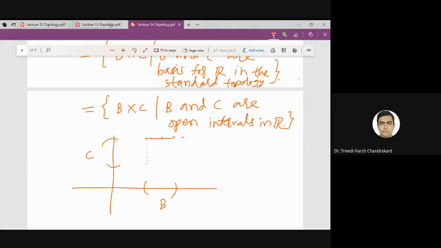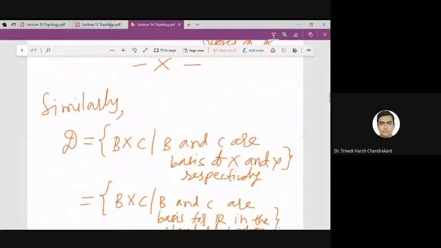Earlier we drew a rectangle kind of thing, and inside the rectangle all these points, because we are taking open intervals, so the boundary of the rectangle will not come. So this is B cross C. As many open intervals B and C as we have, as many rectangles there will be as elements of this collection.